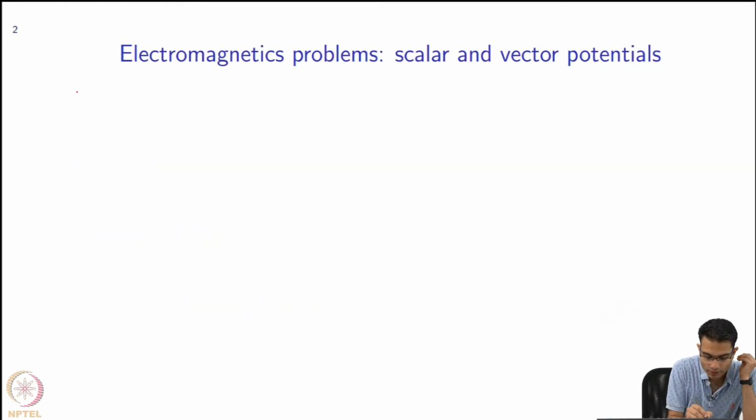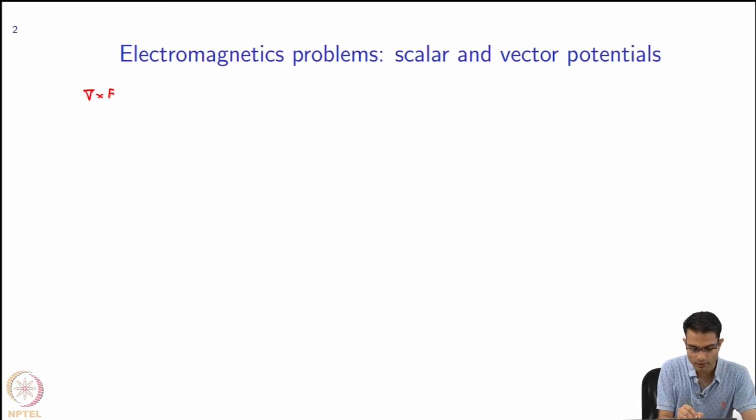So, let us just write down our Maxwell's equations. The first one we can write as curl of E is minus j omega mu H. Okay. So, we are going to assume e to the j omega t monochromatic case. Okay.